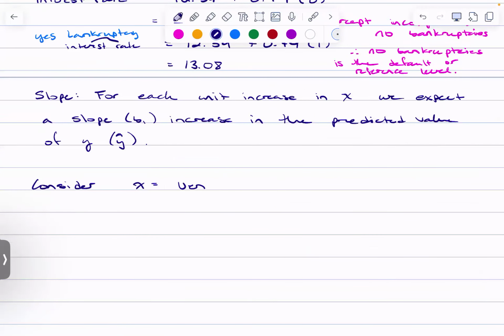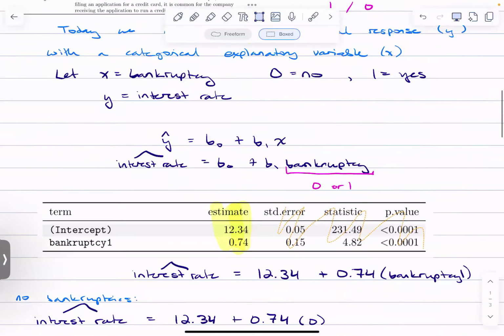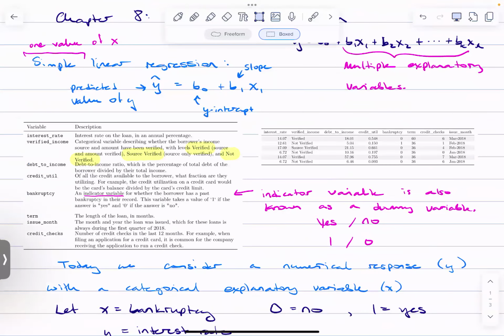It's a categorical variable with 3 levels. And so now, let me paste this. I'll grab the levels before we keep going here.